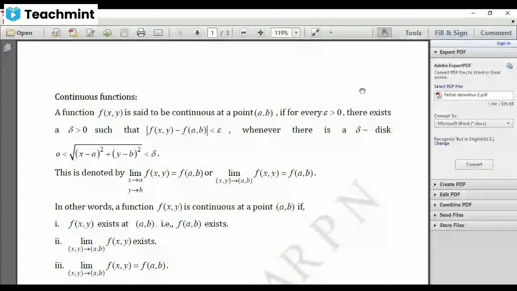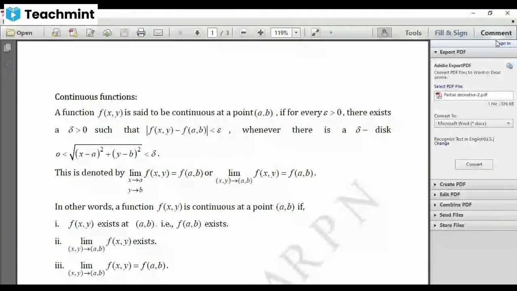If you assume this is z, then x, y, z. You'll get a point. For each point of delta disk drawn as a center a comma b, for each of that point, you'll get a corresponding point in 3D plane.